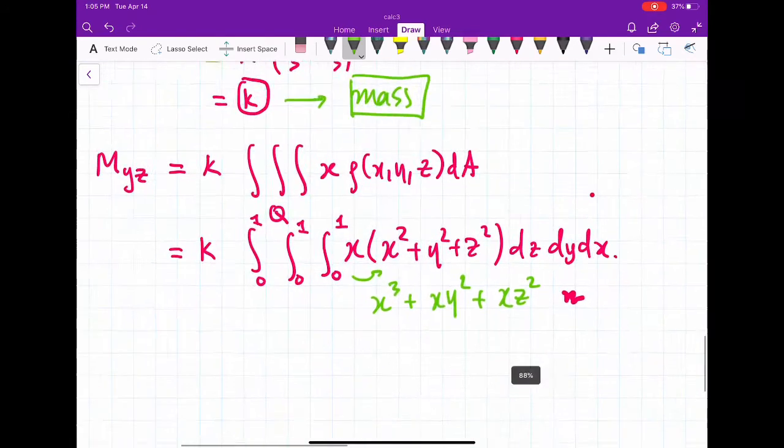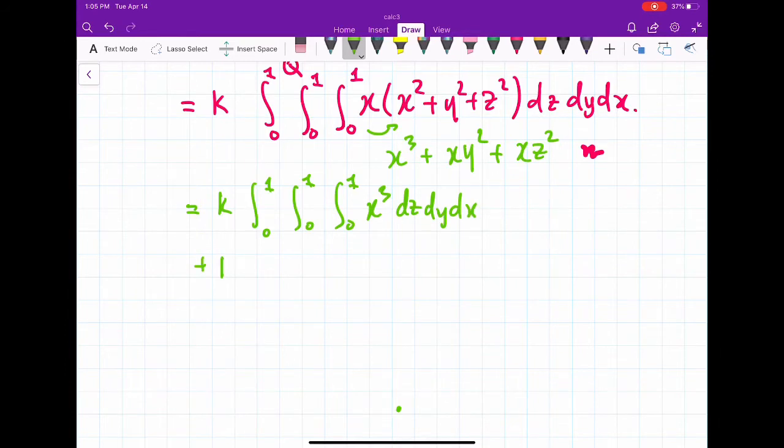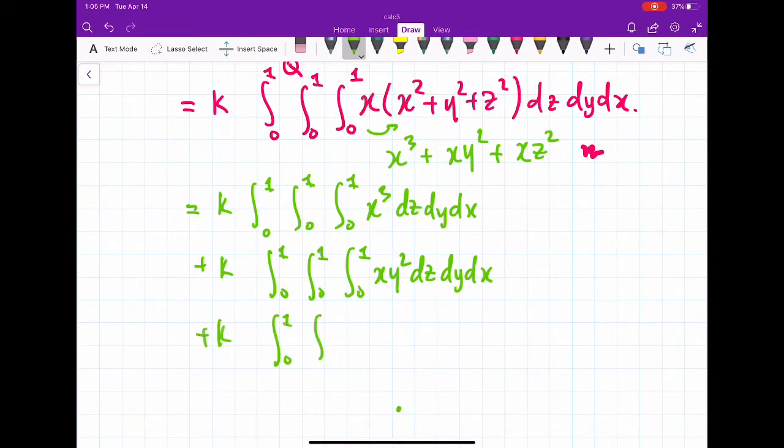So if I write this as a sum of 3 integrals, k integral 0 to 1, 0 to 1, 0 to 1 of x cubed dz dy dx, plus k integral 0 to 1, 0 to 1, 0 to 1 of xy squared dz dy dx, plus k integral 0 to 1, 0 to 1, 0 to 1 of xz squared dz dy dx.